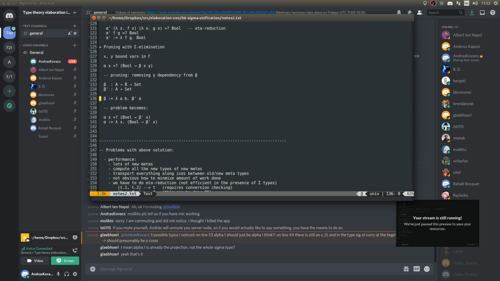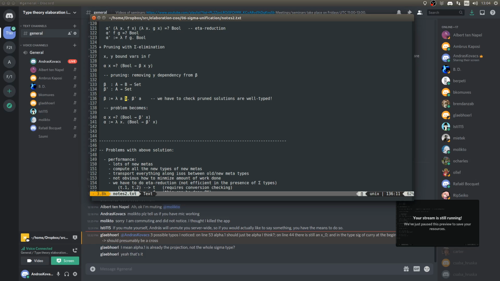But here we have to check that this solution is well typed. So we have to check in general that the pruned solutions are well typed. Because if this function is a dependent function, for example, what happens if the return type of beta depends on the value of this argument?